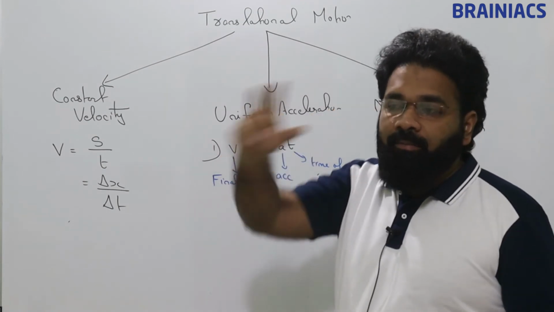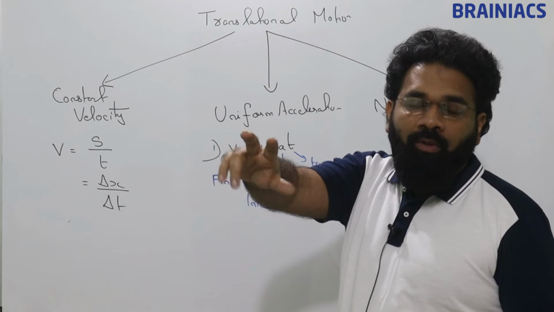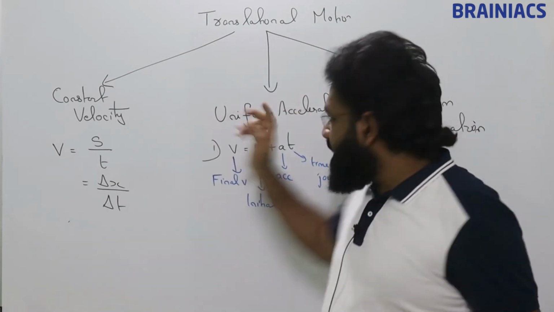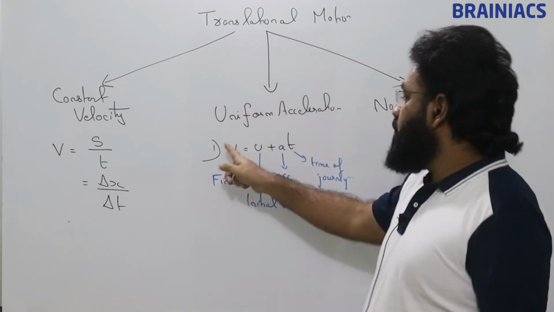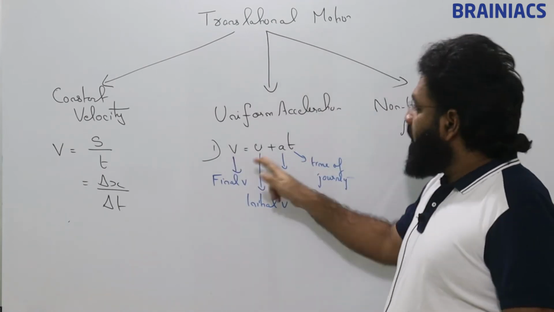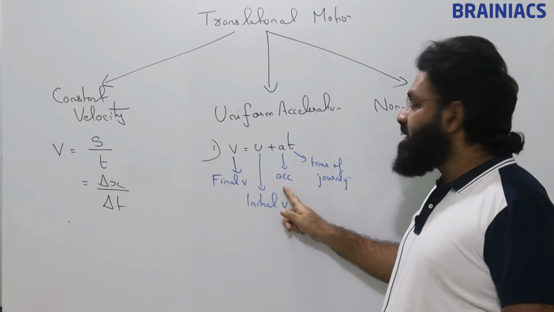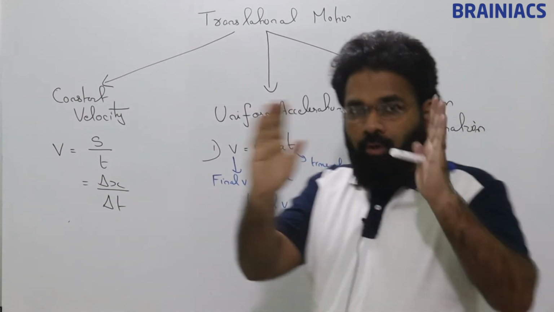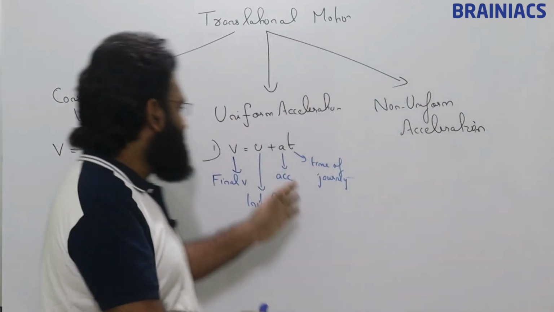The observer will be observing at some point of time, the velocity will be 25 meter per second, and he stopped observing. So that is the final velocity. So v is final velocity, u is initial velocity, a is acceleration, t is time of the journey or total observation time. Okay, this is the first equation.